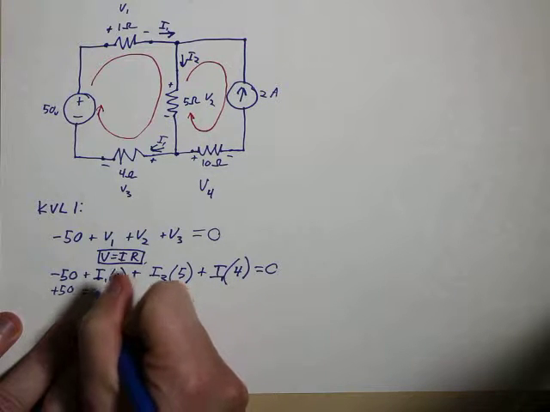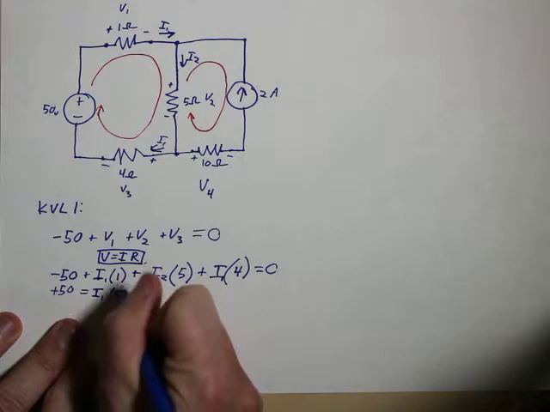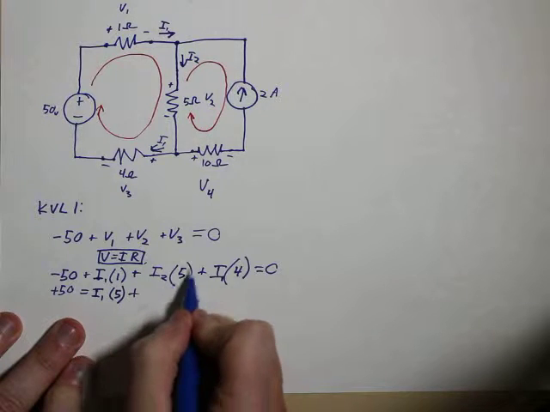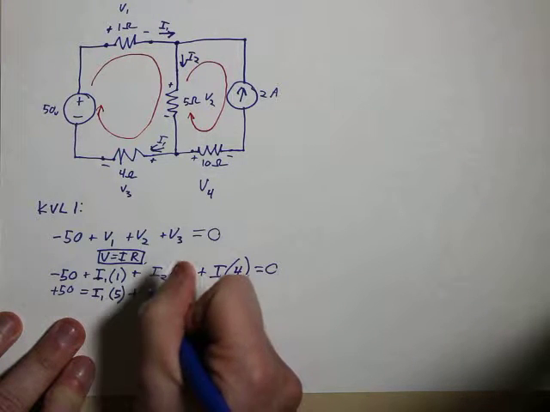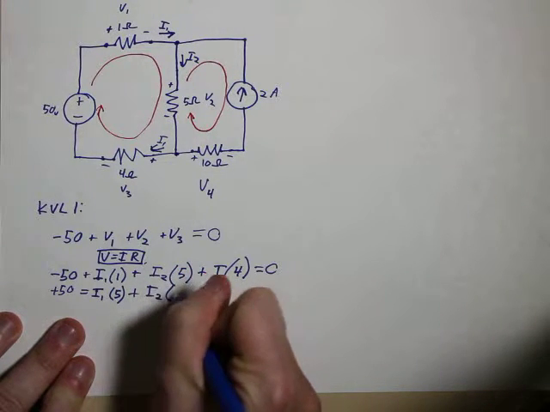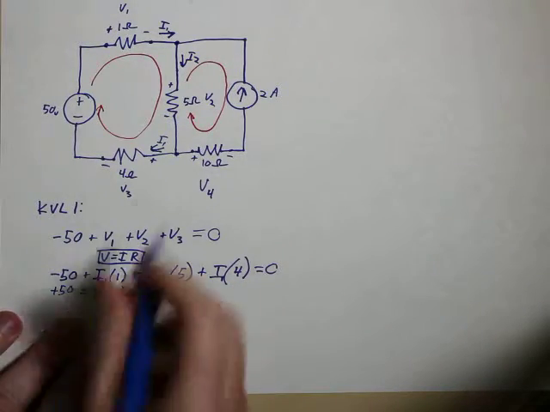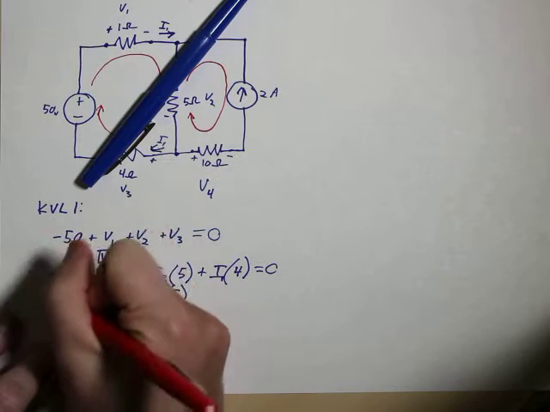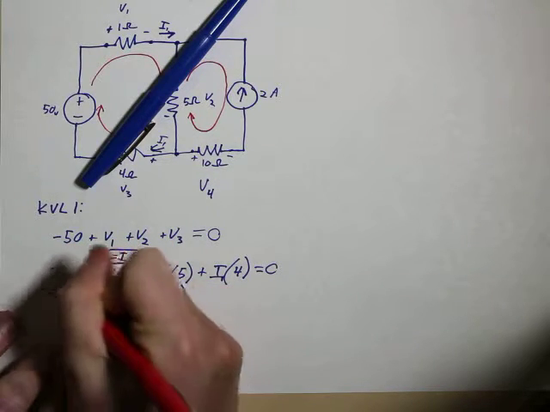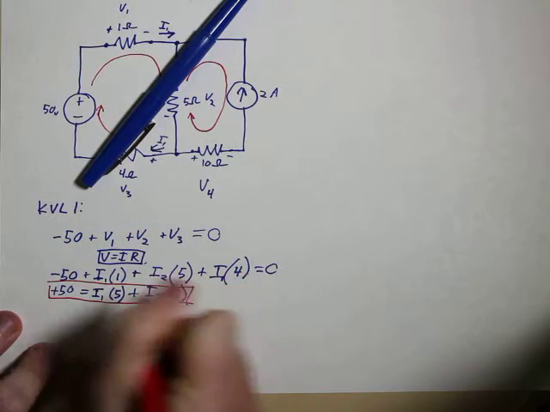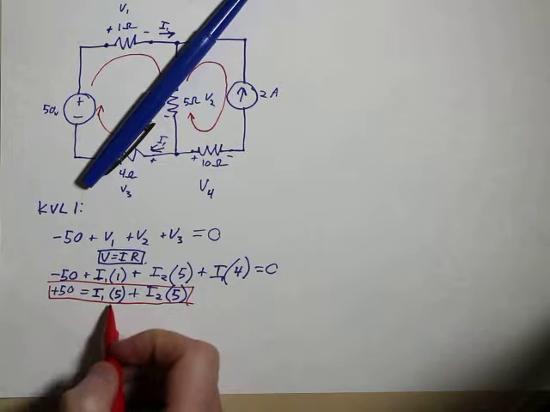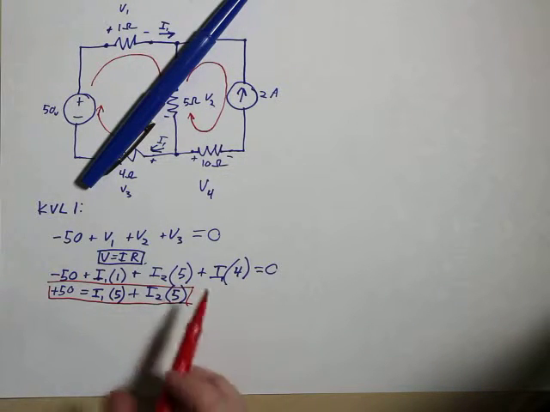So it's going to be I1 times 5 from those two, plus we have 5I2, I2 times 5. And that's it for that one. So we're going to box this one and save it for a minute. That's what we got. 50 equals 5I1 plus 5I2.